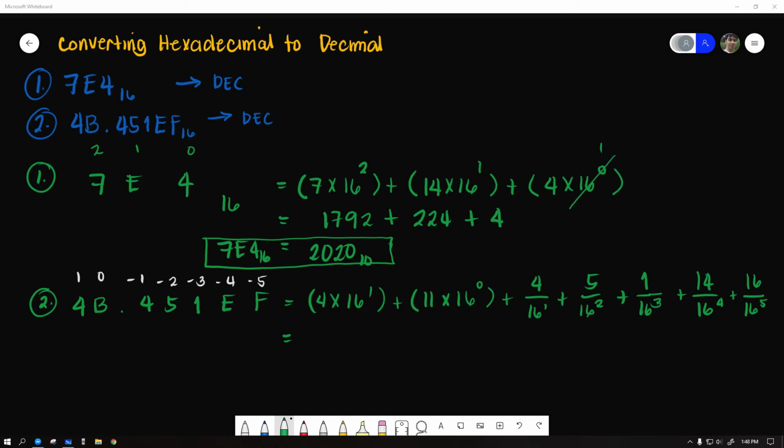You have 4 times 16, added to the 11 times 16 to the 0, plus a fraction of 4 divided by 16, plus a fraction of 5 over 16 squared, a fraction of 1 divided by 16 cubed, and then a fraction of 14 over 16 raised to the fourth, and then a fraction of 15, divided by 16 raised to the 5.